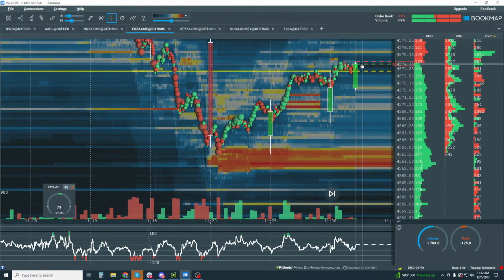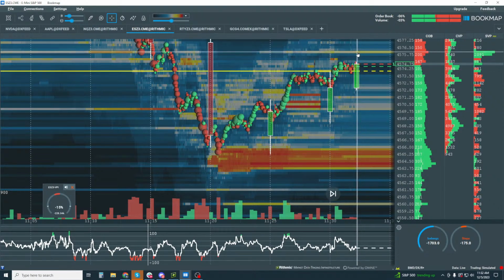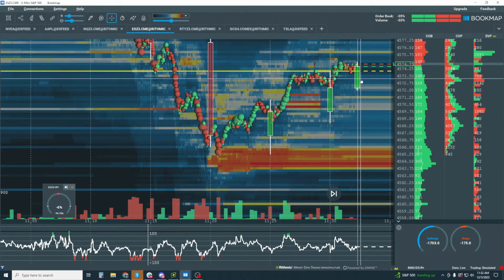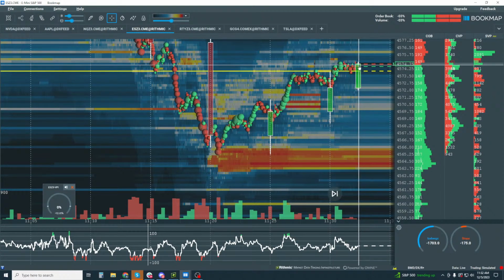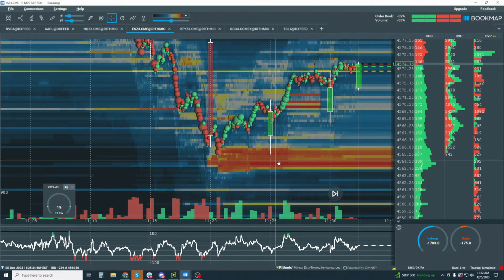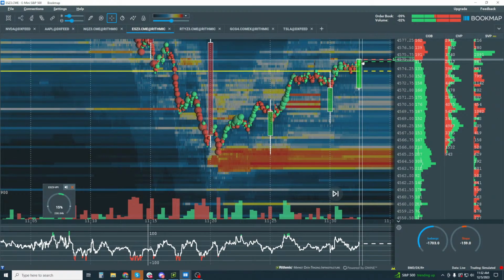Okay, and we're still bullish here on this move to trade up into this liquidity and maybe the swing high here. Okay, so now we're understanding candles in context between liquidity and volume.